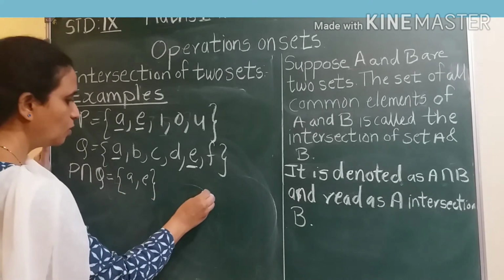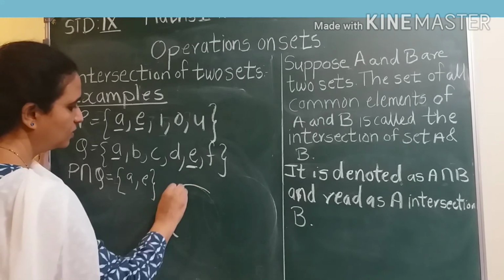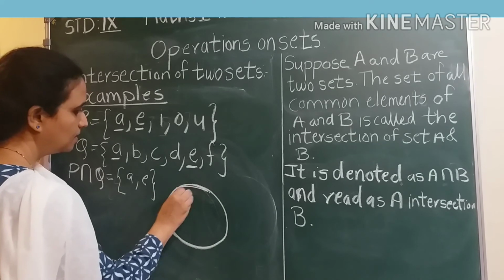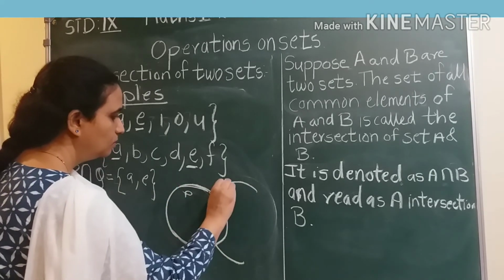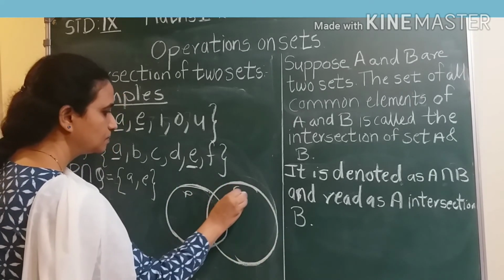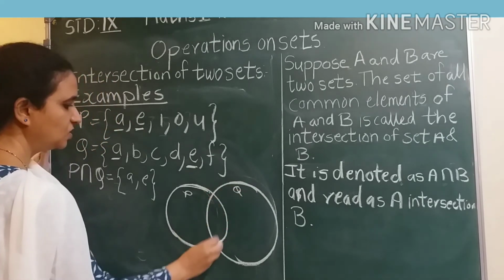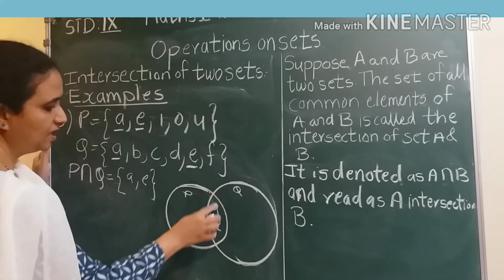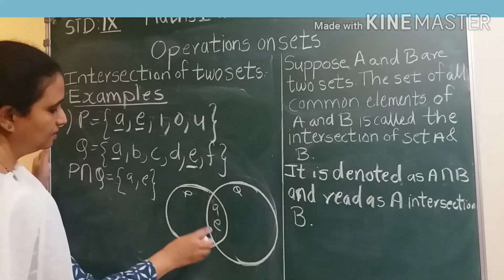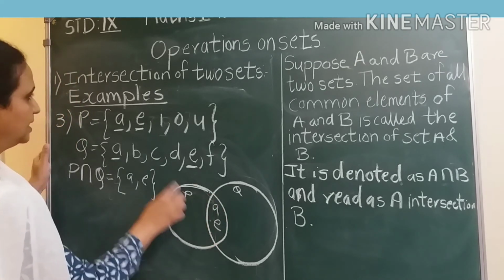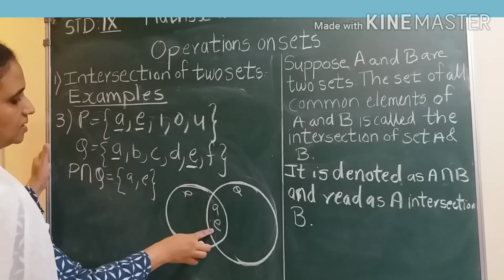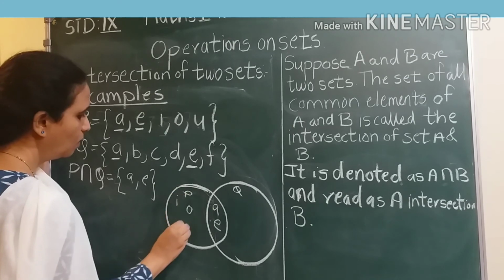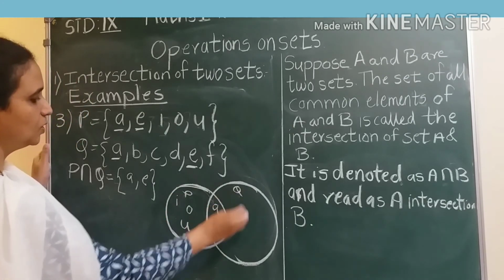If I want to draw the Venn diagram, I will draw the set P, set Q, intersection. So A, E, common elements I am writing in this area. I will complete the P set. A, E I have already written in this intersection. So remaining elements I will write: I, O, U. Set Q we will complete now.